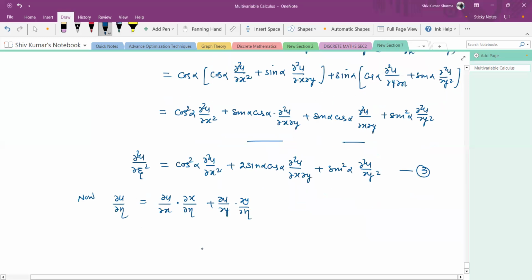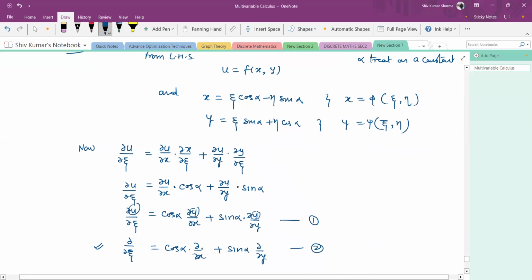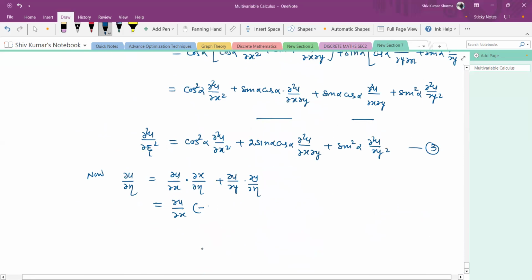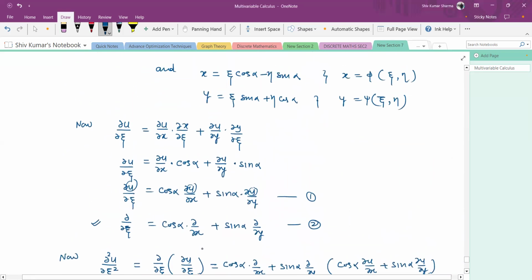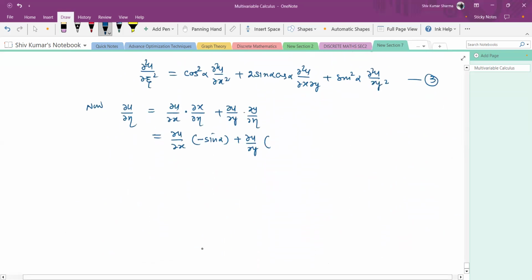So here del x upon del eta: when we differentiate x with respect to eta, it gives us minus sin alpha. So this gives us minus sin alpha, plus del u upon del y into del y upon del eta. Del y upon del eta is equal to cos alpha. So this gives us cos alpha.